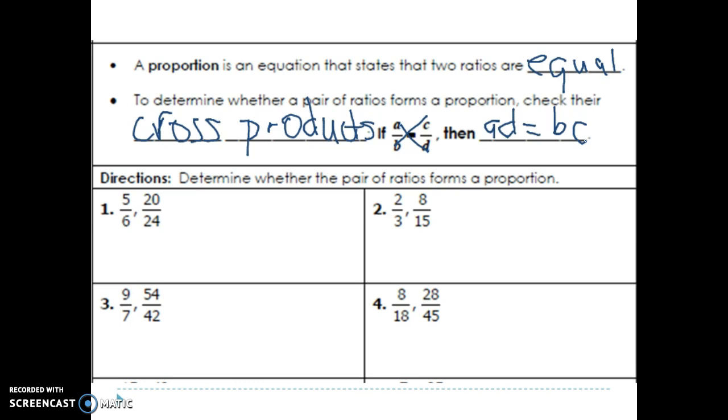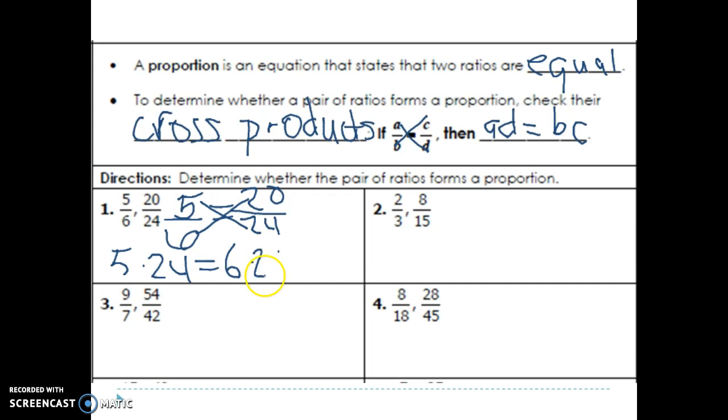So we need to determine whether these pairs of ratios form a proportion. For number one, we want to check, so we are saying that the first ratio, 5/6, equals 20/24. Is that true? So we take the cross product, 5 times 24, and we set it equal to 6 times 20, the other cross product.